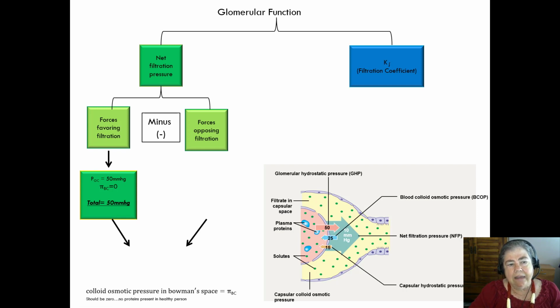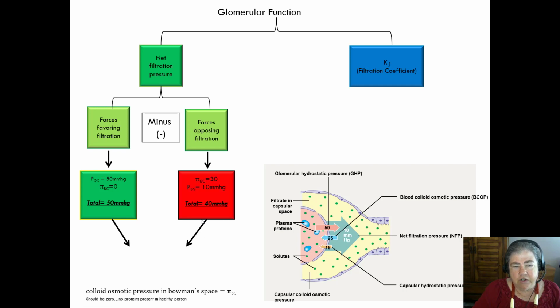And here we have that as 50 millimeters of mercury. They're adding in the colloid osmotic pressure in Bowman's space, but there shouldn't be any because we don't get much in the way of proteins in this urinary space, so that's 0. The forces that oppose filtration are 2.